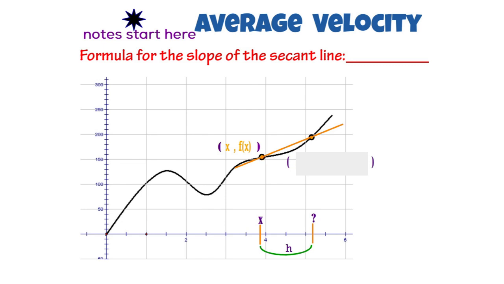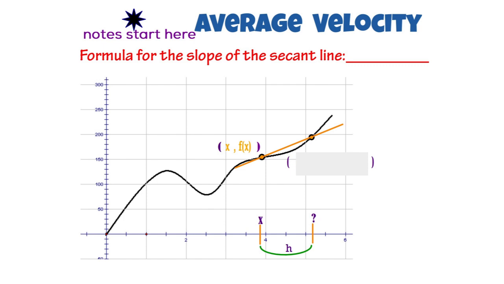So now I've chosen another ordered pair a little bit farther down the line, time-wise, and again, ignoring numbers, I'm trying to figure out what this x value would be right here. I don't know what it is, but I do know that I'm going to call this distance here, from when I started to when I ended, H. So if that distance is H, what do you feel like this x value should be?